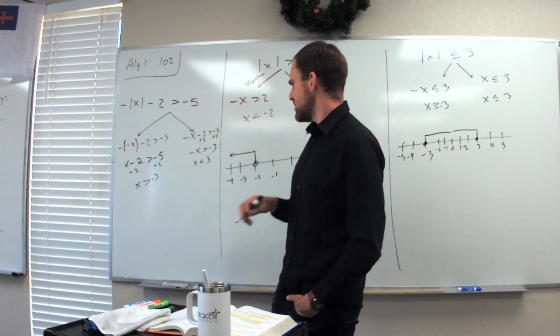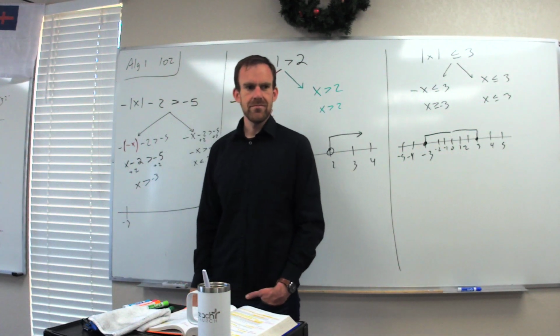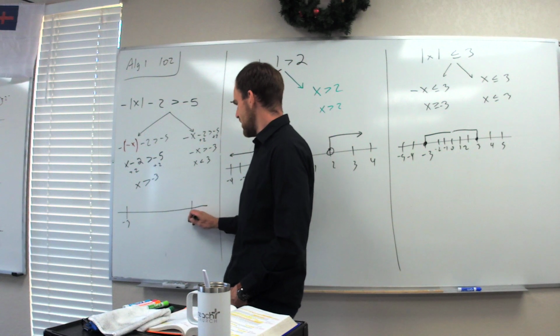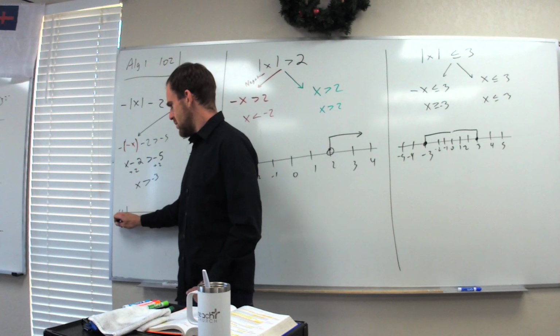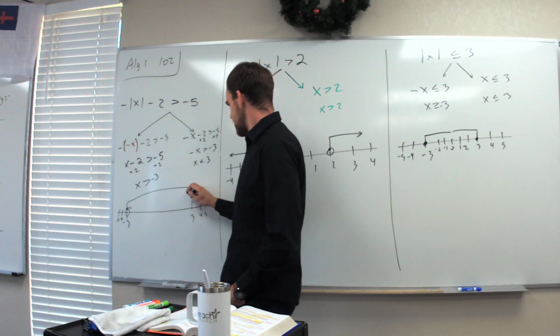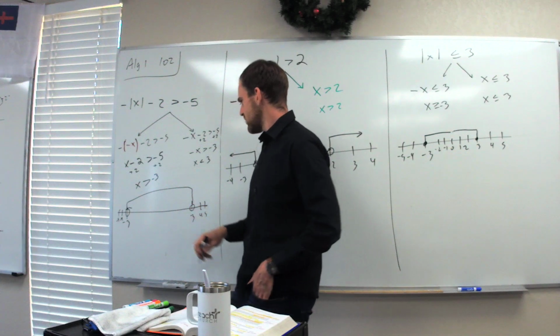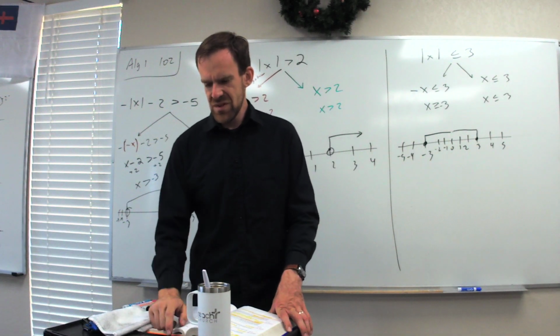So x is less than 3. So this one will be as follows. Open circle from negative 3 to 3. And that is problem set 102.